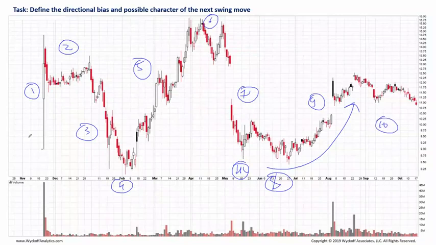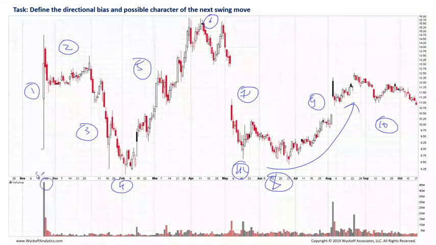And then Wyckoff's story would be created through all of these elements, right? So let's just go through this really quickly. Element number one, a very bullish IPO bar, that suggests the bias is to the upside, but it also suggests an element of supply. So we need to see what's going to come next as a test.